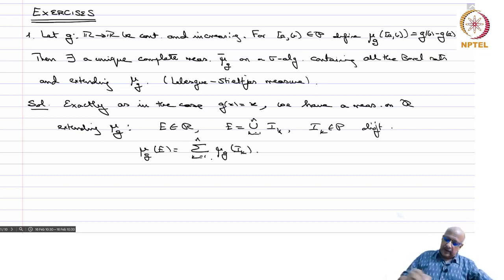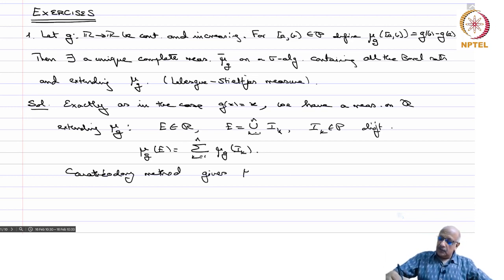Once you do this, then the Carathéodory method gives mu G bar.